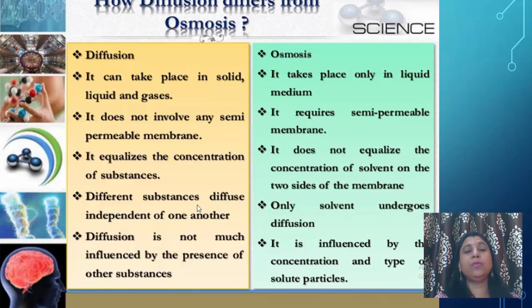Different substances diffuse independent of one another, means solid, liquid, gases, they are not dependent on the other substances, whereas in osmosis only solvent undergoes diffusion. Diffusion is not much influenced by the presence of other substances, whereas osmosis is influenced by the concentration and type of solute particles.